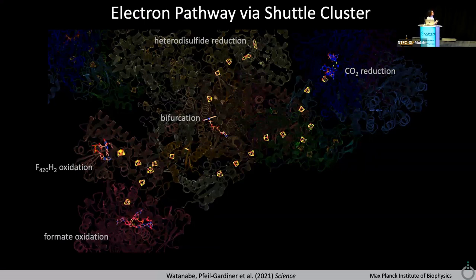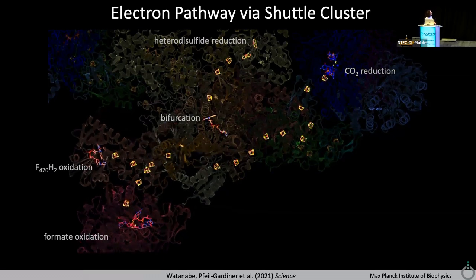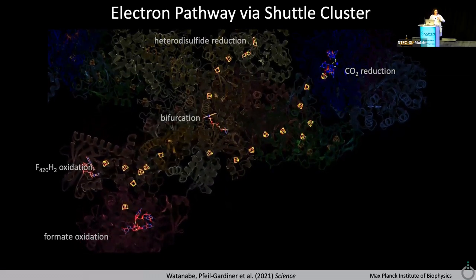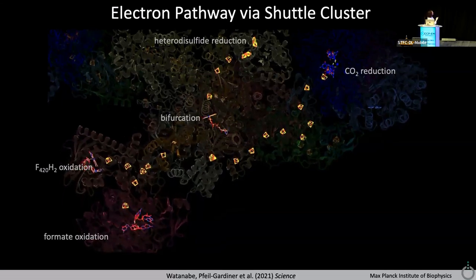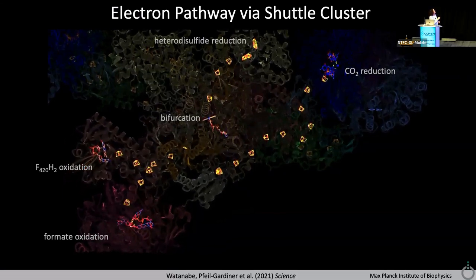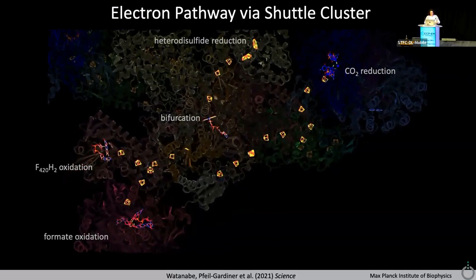And from there, they seem to be able to make the jump to the bifurcating site, which is a flavin cofactor found within the heterodisulfide reductase. But if we then move to the second conformation that we observed, we can understand how electrons can move on from that. So following bifurcation, the less strongly reducing electron goes for heterodisulfide reduction, and the more strongly reducing electron is used to reduce this particular shuttle cluster. And now moving back to the first conformation, we're able to see how electrons can move onward.